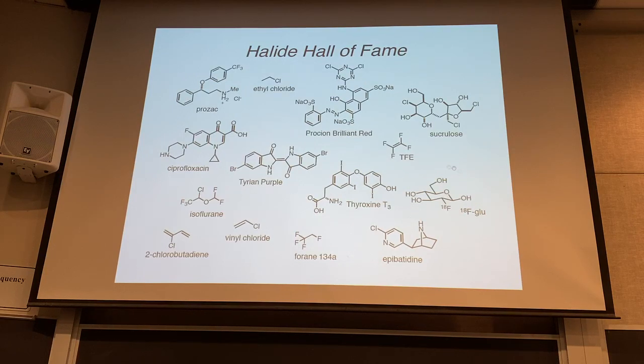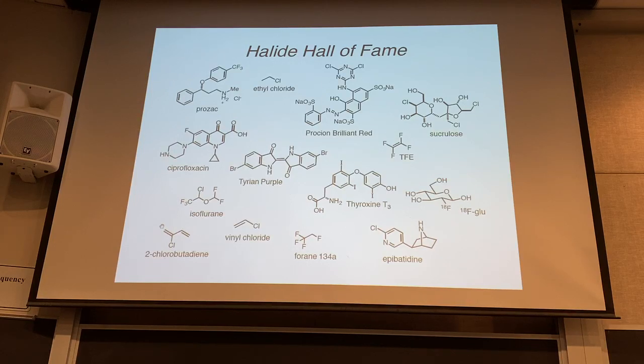Fluoroglucose, a tracer molecule for biological imaging. Epibatidine, a chloropyridine, painkiller compound. Fluorane, which is a replacement for Freon, doesn't damage the ozone hole. Vinyl chloride to make polyvinyl chloride, building material. Isoflurane or halothane, analgesic compound used in the operating room.